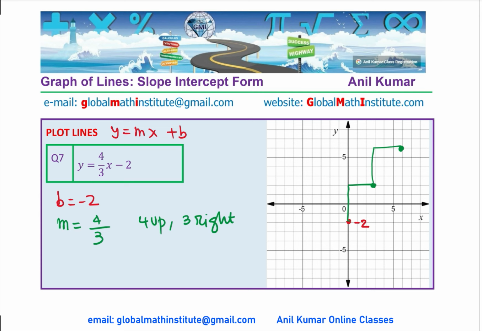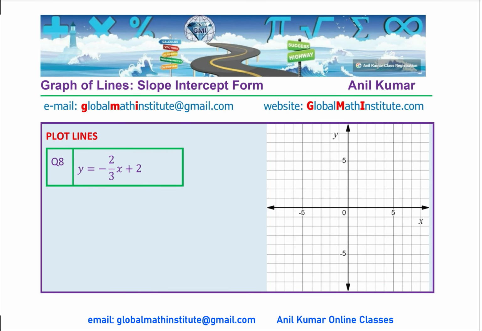Once you connect these points, you get the graph which you are looking forward to, right? So just connect them. Perfect. So that is how we are going to draw the line, which in this case is y equals 4 over 3x minus 2. Is that clear to you?